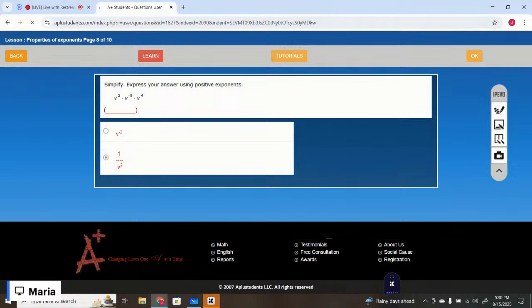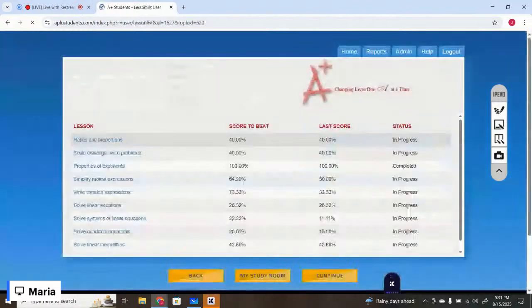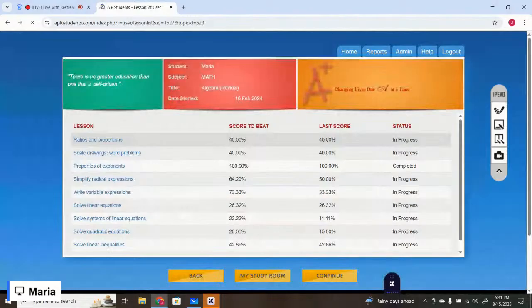Okay, you can complete the lesson by yourself later today. Let me just move on to the next lesson. The next lesson is simplify radical expressions.